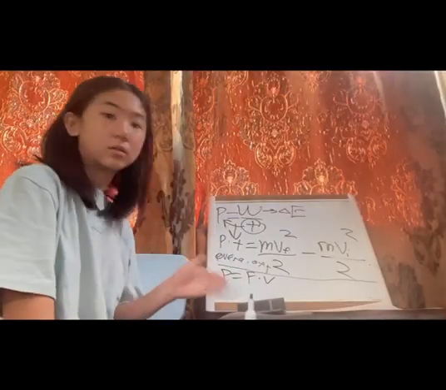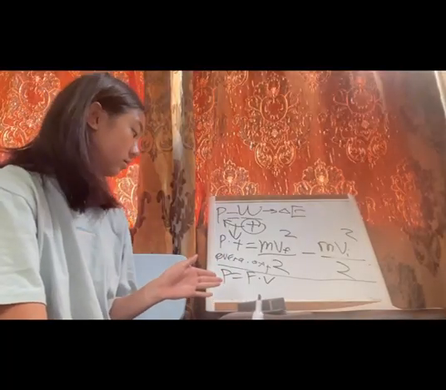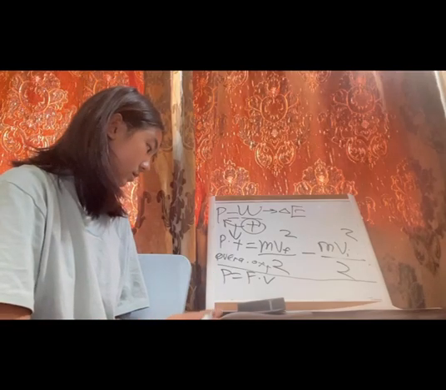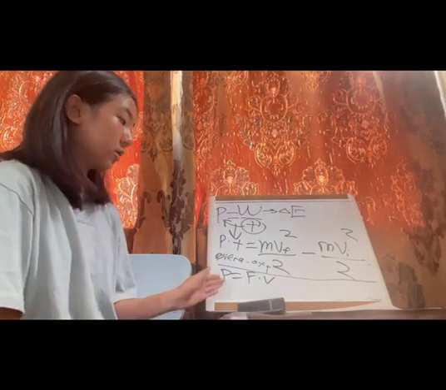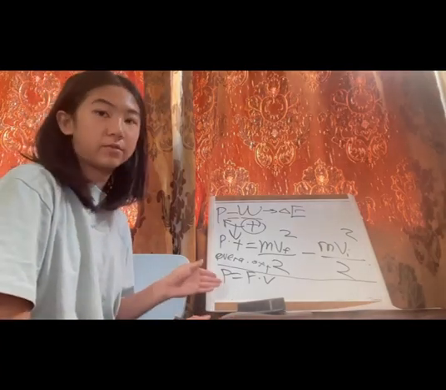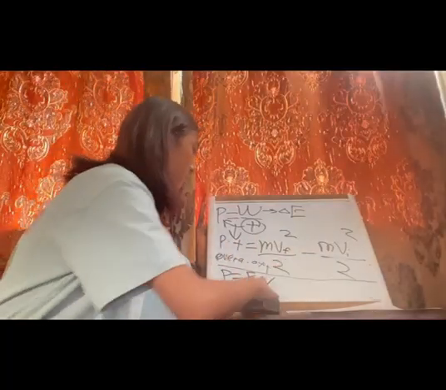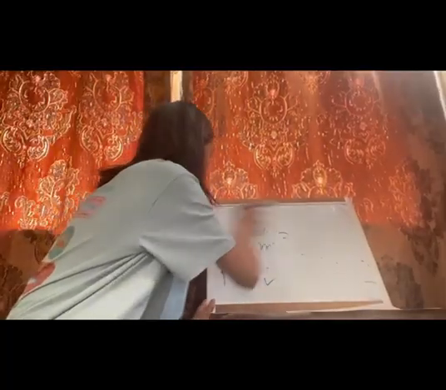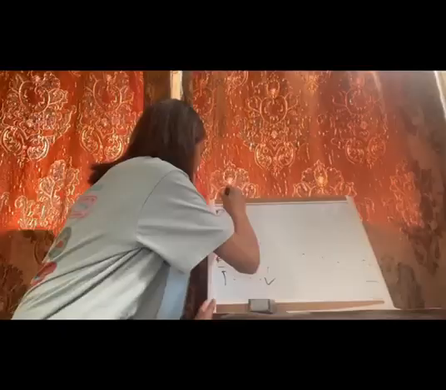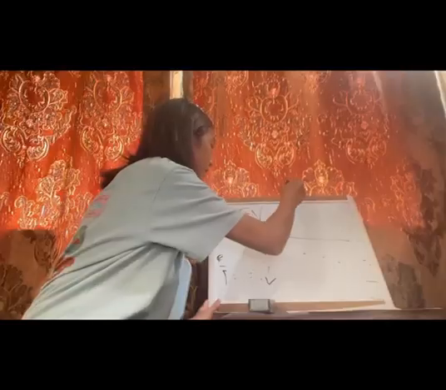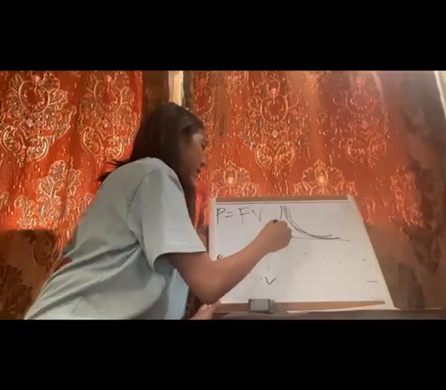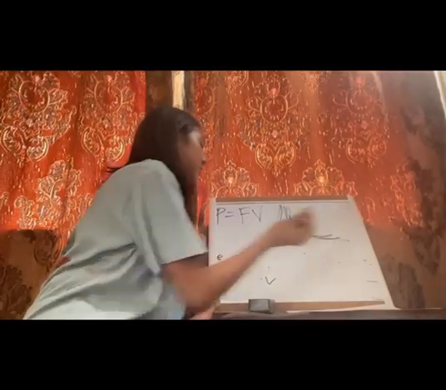So, P is equal to FV. If you graph this, you're going to get a graph that never reaches the X or the Y axis.